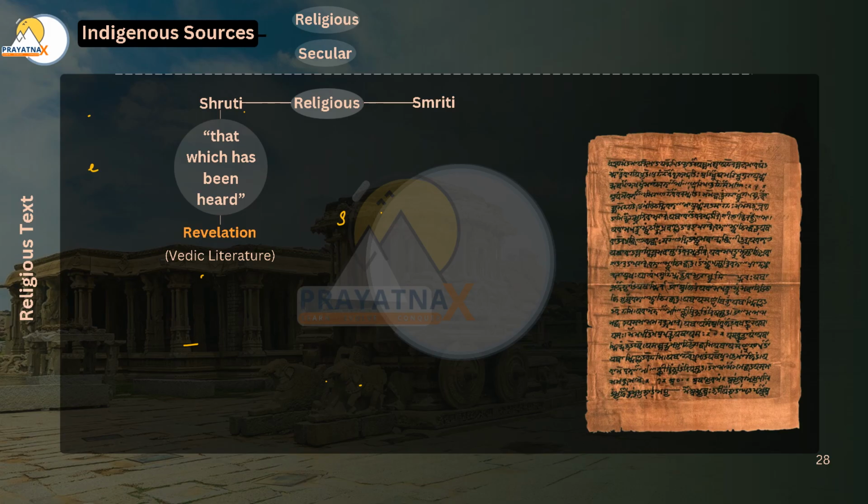Now, like I was saying, historical sources are divided into two: literary sources and archaeological sources. The literary sources are then divided into indigenous sources and religious sources, and then indigenous literary sources are divided into religious sources and secular sources.